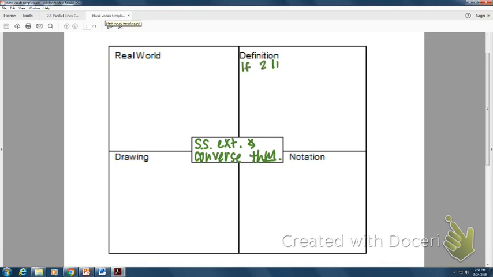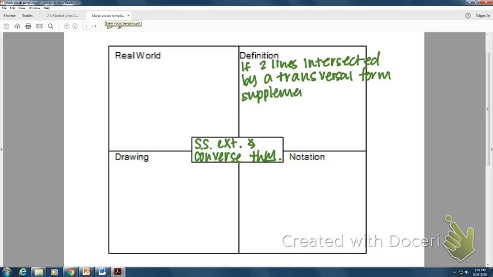If two lines intersected by a transversal form supplementary same side exterior angles, then lines are parallel.